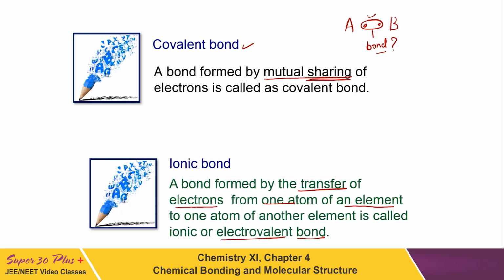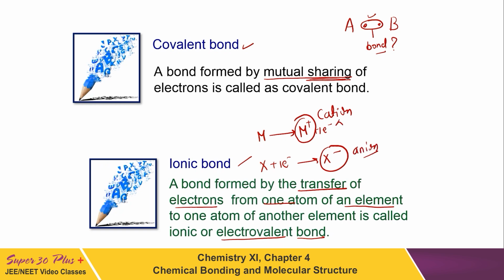In this ionic bond, one species loses its electron, and the electron lost is gained by some other species X, and eventually it will form X minus. So there is a formation of M plus, which is of course a cation, and X minus, which is definitely an anion.